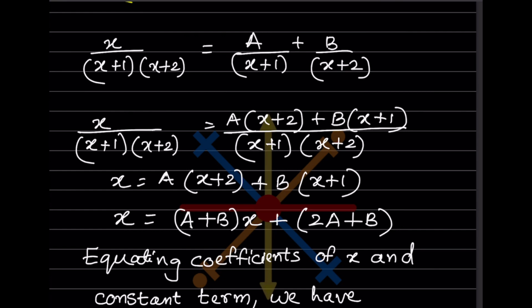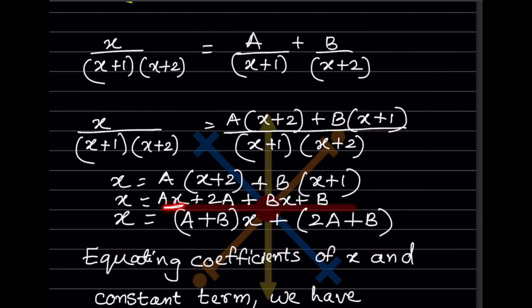Either we write a plus b, because this is ax and this is bx, or we write one more step: x is equal to ax plus 2a when we expand, plus bx plus b.